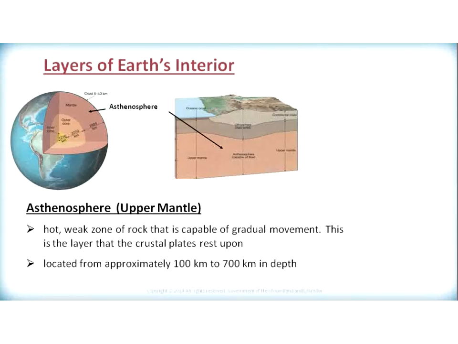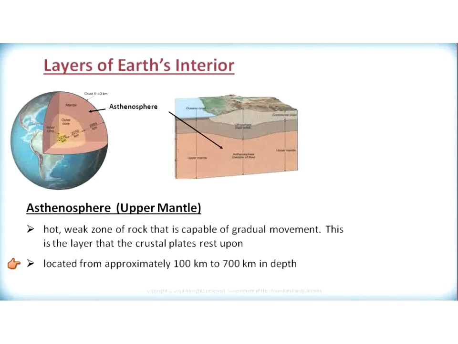Beneath the Moho is a layer called the asthenosphere. The asthenosphere is a hot, weak zone of rock that is capable of gradual movement. This is the layer that crustal plates rest upon and is responsible for moving crustal plates. The asthenosphere is located from approximately 100 kilometers depth to approximately 700 kilometers depth.